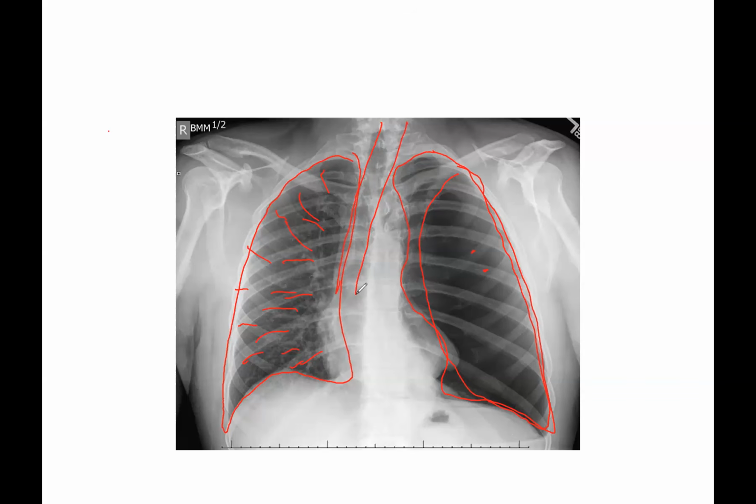If it's a lung that collapsed, what is supposed to happen is movement of the mediastinum to the affected side, because if this collapses, pressure will be more here and it is moving to this side. But what do you think?